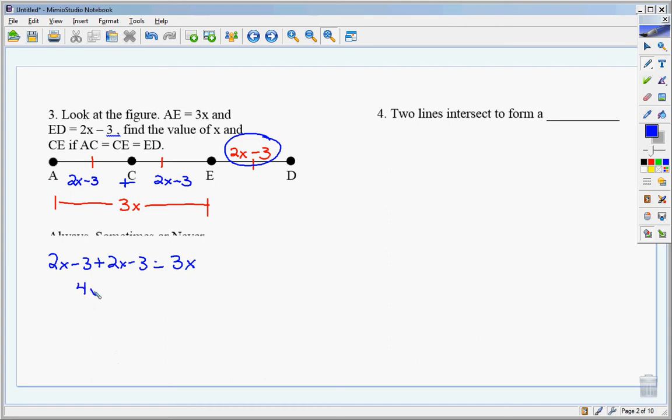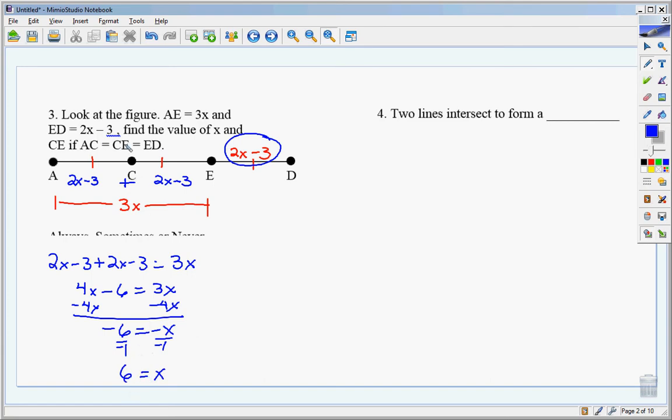Combining like terms, I have 4x minus 6 equals 3x. I am going to subtract 4x from both sides. I now have negative 6 equals a negative x. So when I divide both sides by a negative 1, I get x is equal to a positive 6.